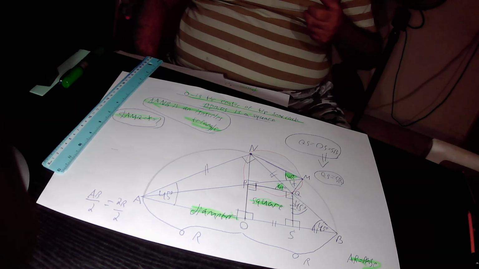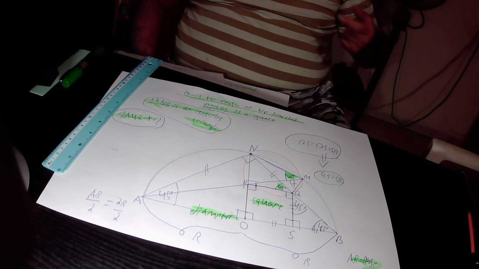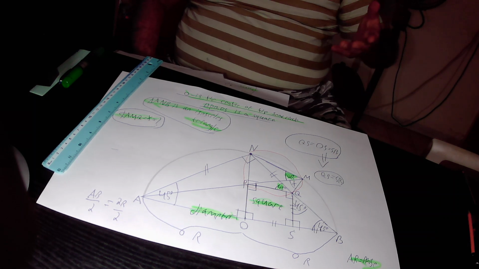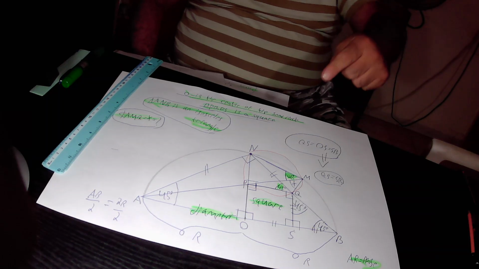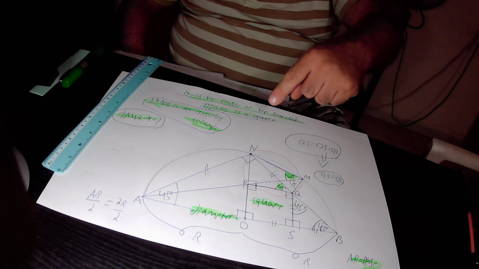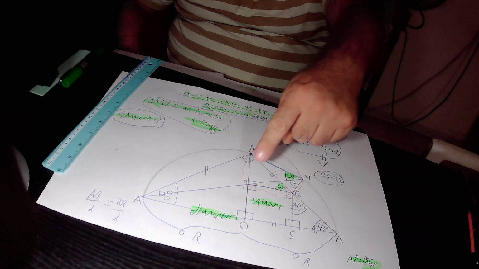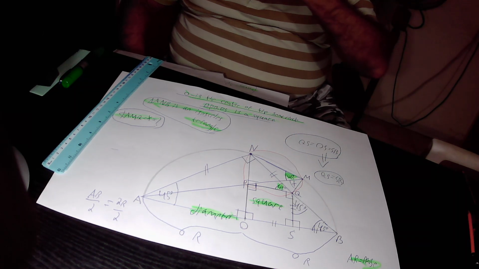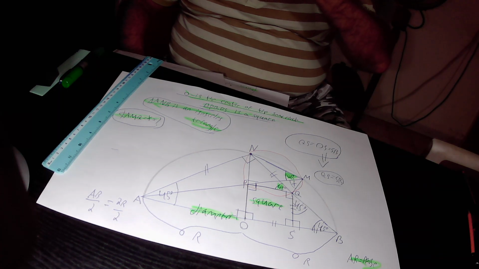Exactly according to Rule 16, if two peripheral angles subtend the same chord, they are equal to each other. Those two peripheral angles subtend the same base NP, and therefore they are equal to each other. Each of them is equal to 45 degrees.